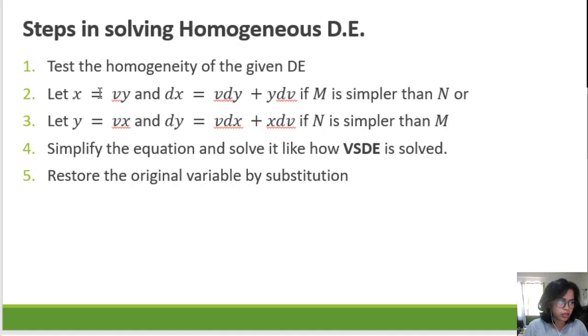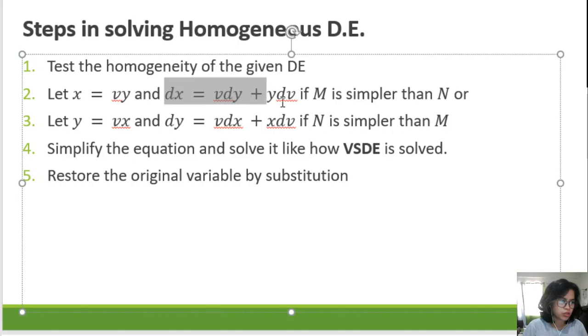Differentiating this equation, we have dx equal to v dy plus y dv. You substitute these equations into your M dx plus N dy differential equation.